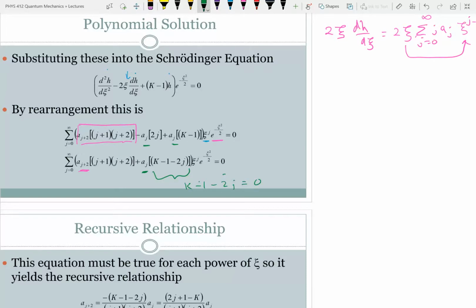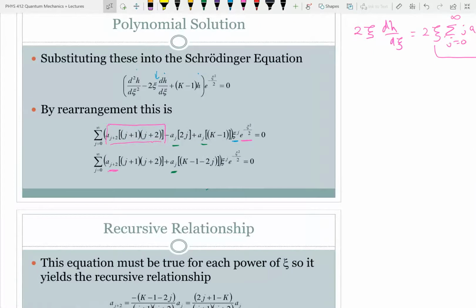You're going to have k minus 1 minus 2j equals 0, and let's see, trying to make sure I've got this right. No, yes, I didn't think this through carefully. Now what I have is a relationship between a sub j plus 2 and a sub j. There was no fixed relationship. This is giving me the fixed relationship.